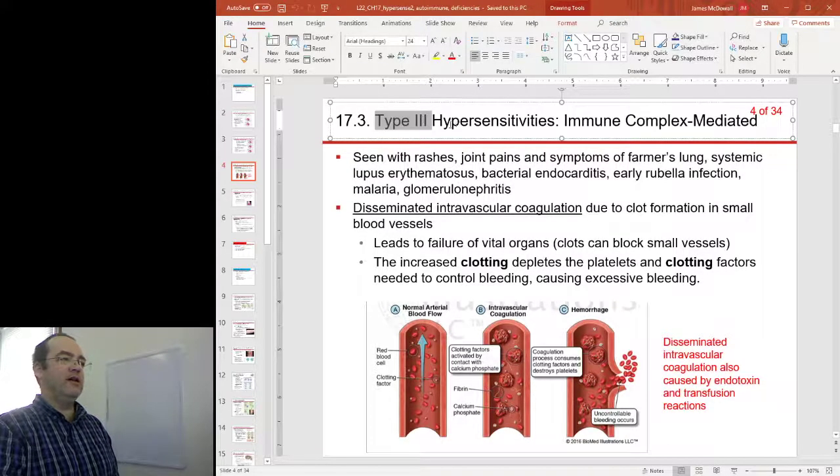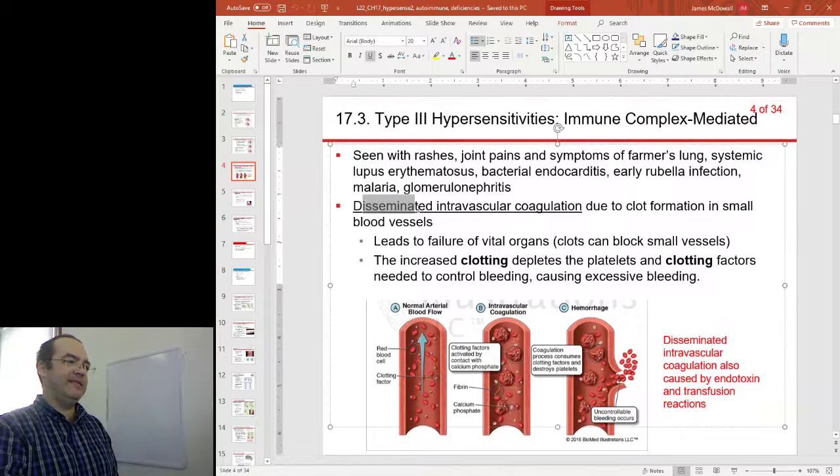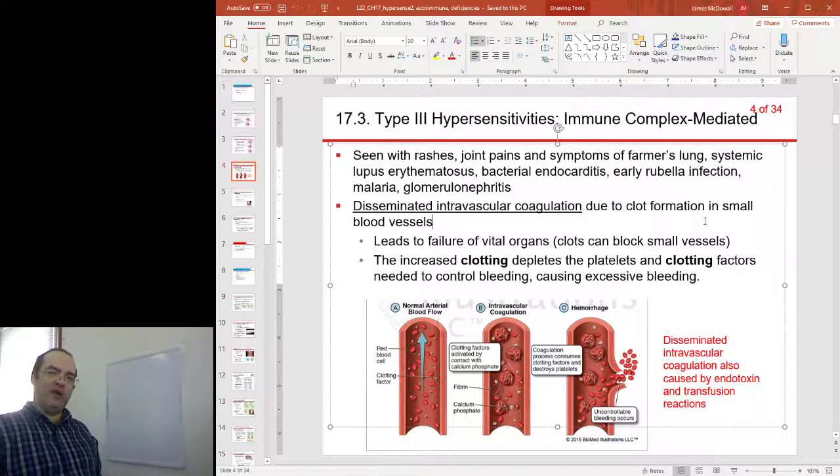One response coming from type 3 hypersensitivities can be disseminated intravascular coagulation due to clot formation in small blood vessels. So this is where clotting and inflammation and immune response are all linked.